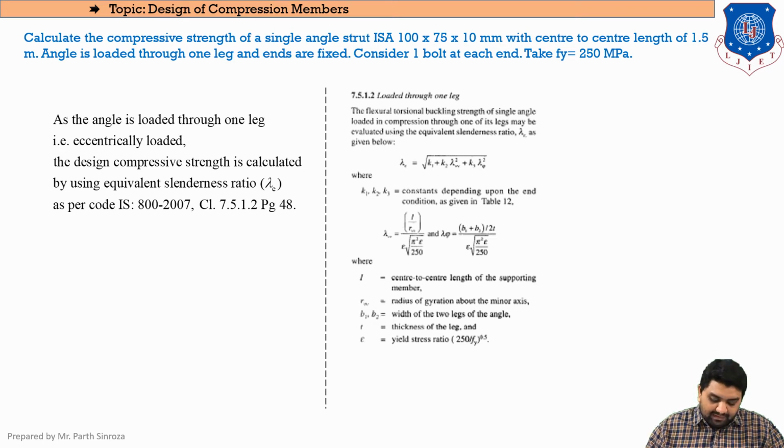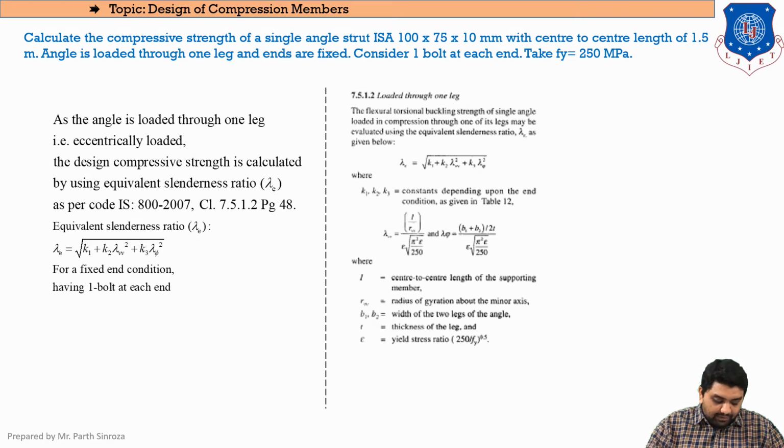So here we will be finding lambda from these terms, and for that you can see we require the values k1, k2, k3 that are constants, and lambda vv and lambda phi square. So total 5 terms we will be requiring, and first we will move on to k1, k2 and k3, the constants. They will be obtained from the same page, that is page 48.